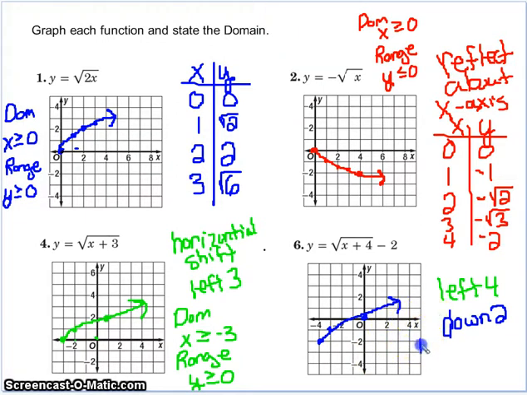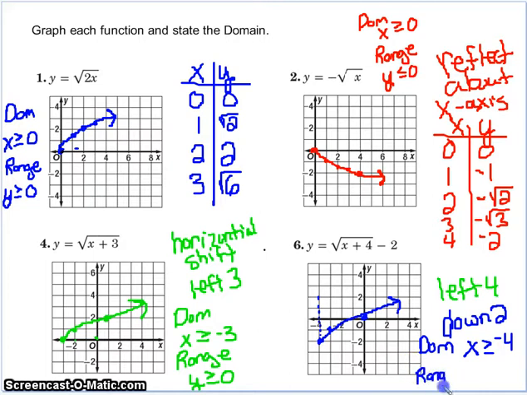So my domain, in this case, is going to be x has to be greater than or equal to, and if you look, we're going all the way over to -4 on the x-axis, if you were to draw a little dotted line. So it's got to be greater than or equal to -4.